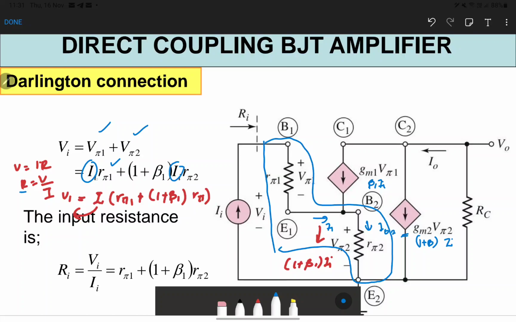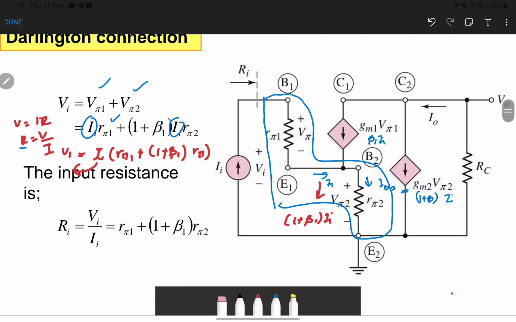So we bring our current to the left side, and then we find that the resistance is equal to R pi plus 1 plus beta 1 times R pi 2.